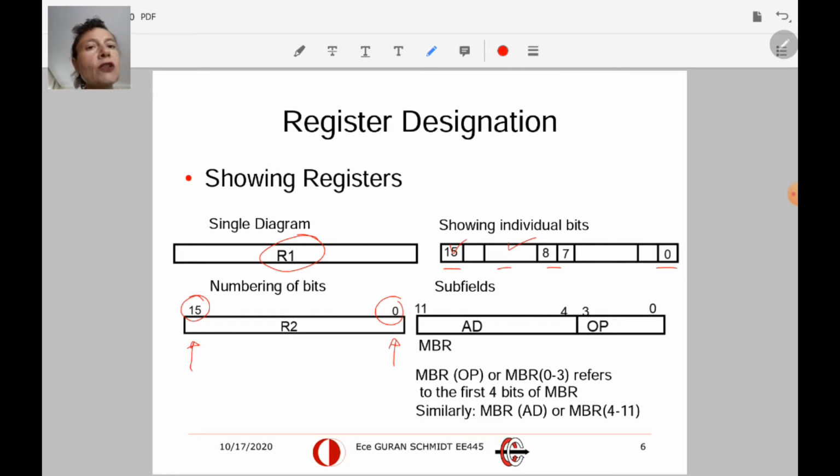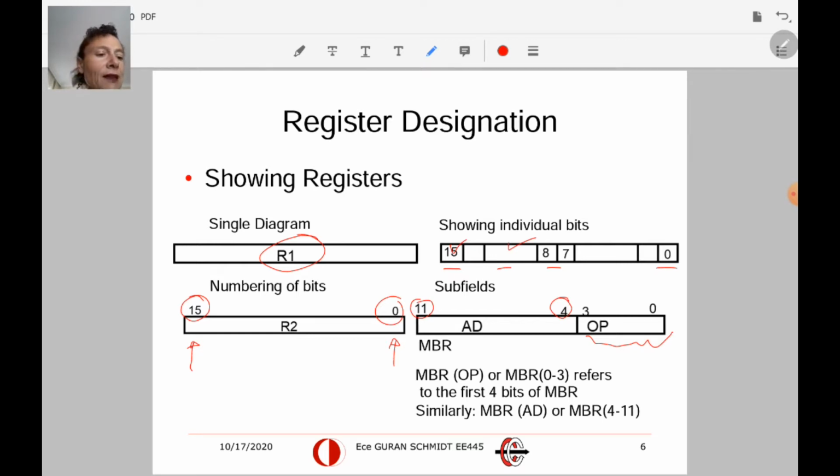You can also show the subfields, because in later parts of this lecture we will have a special register called the memory buffer register, for example. This will actually have two parts in it. The least significant 4 bits will designate an operational code, and the higher order remaining 12 bits, numbered 4 to 11, will be the address.